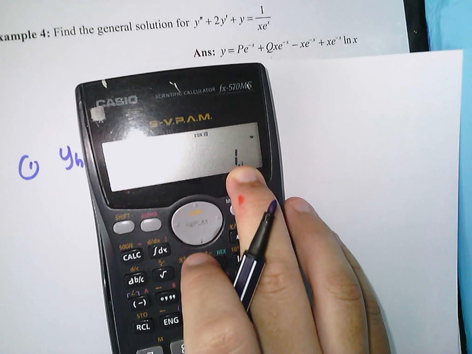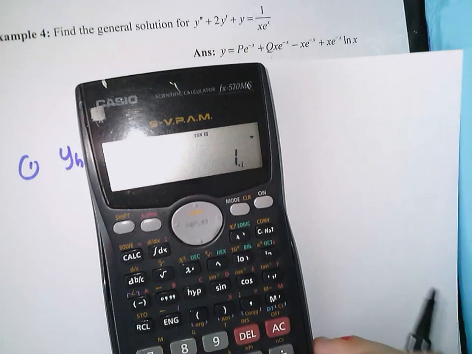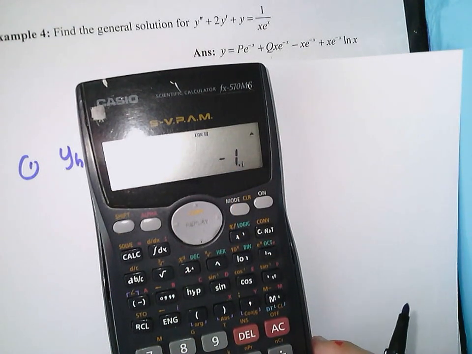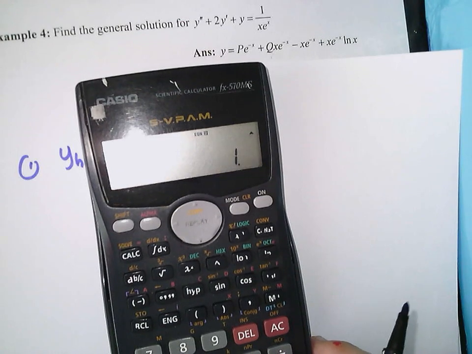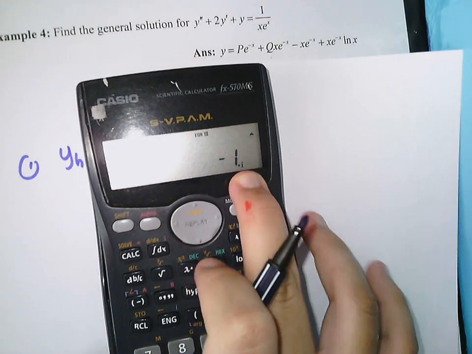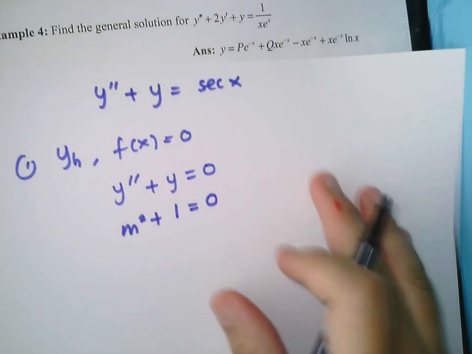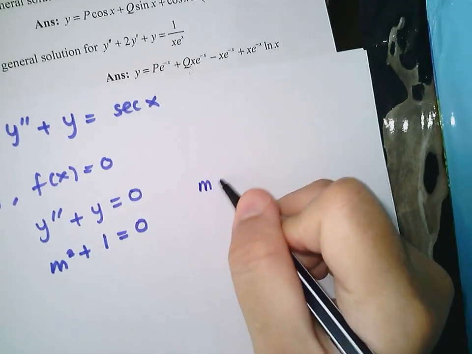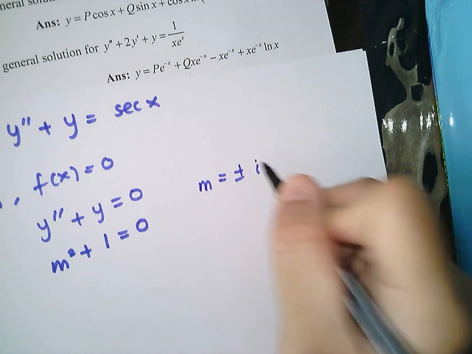This one refers to your beta. You don't have an alpha value, isn't it? You just have a beta value because you have i here. So therefore your m is equals to plus minus i.